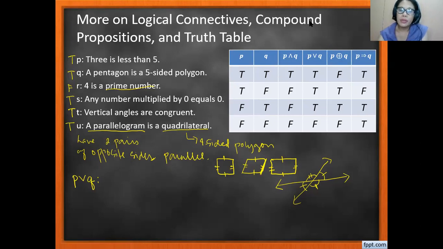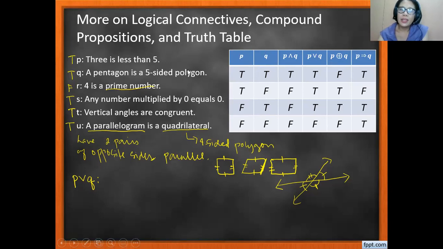Okay, I'll start with P or Q. P or Q: 3 is less than 5, or a pentagon is a five-sided polygon. So that's P or Q. How about its truth value? What is the truth value of P or Q in our example? Anyone?